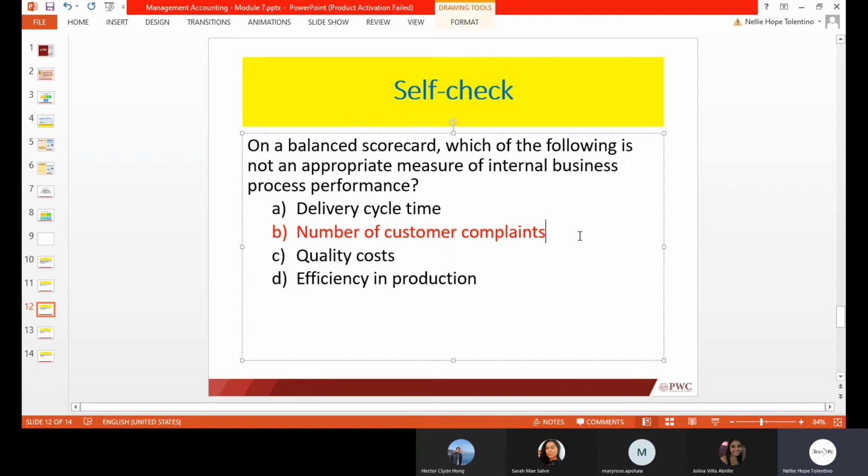Anong perspective ba tong letter B? Customer perspective, ma'am. Yes, this is customer perspective. Ito yung sa mga internal business process: delivery, cycle time, quality cost, and efficiency in production.